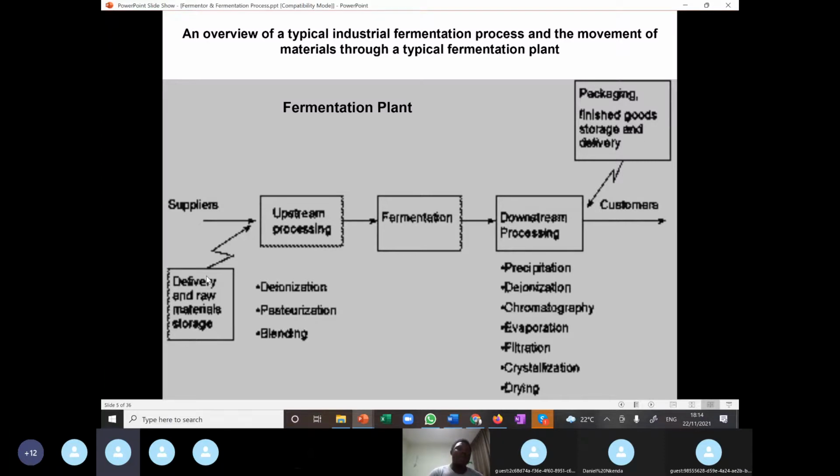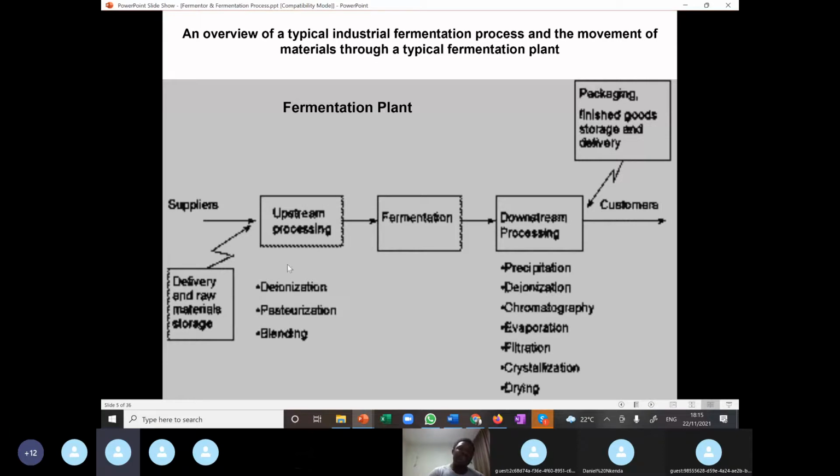For instance, we have to make sure that we have the raw materials that we need for our fermentation. We also need to have adequate storage facilities for these raw materials. Some of them might depreciate so fast, some of them may need water, some of them may need some primary processing before they are stored, and so on. So we need to have all of this in mind before we begin the fermentation.